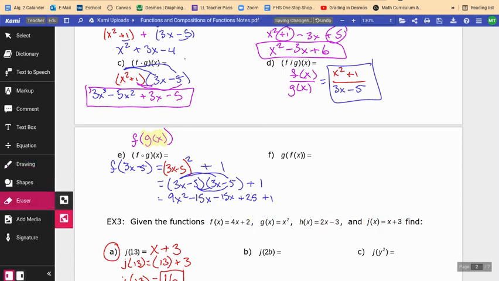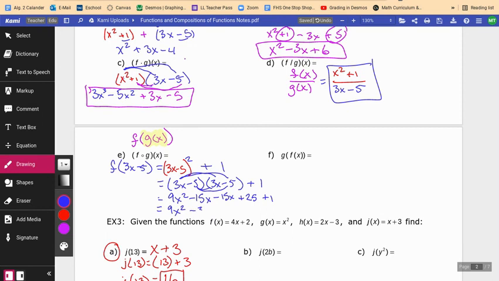Then I simplify if I can. 9x squared minus 30x, combine like terms there, and then plus 26. So this is f of g of x. So that was inputting g into f of x.